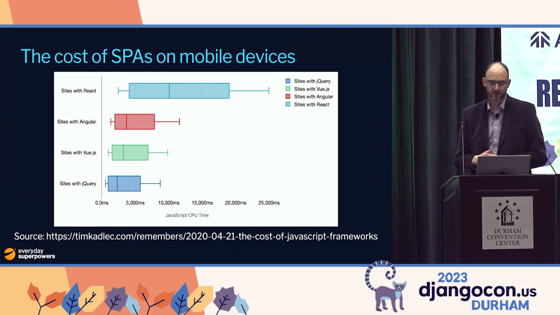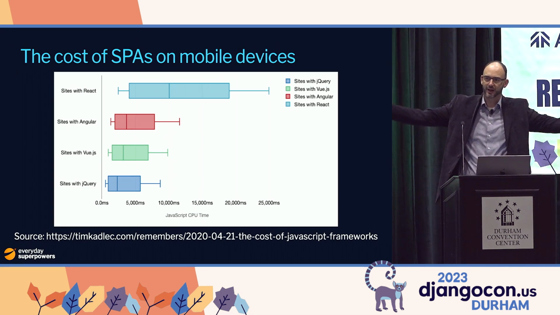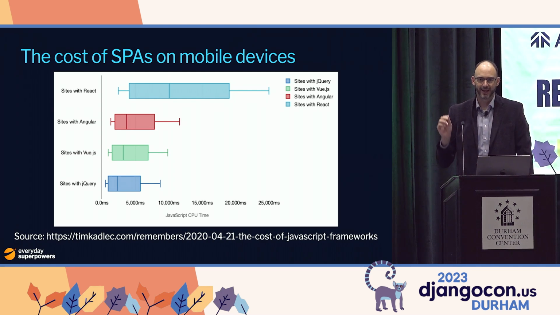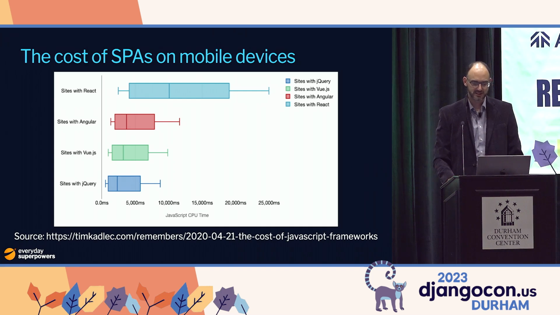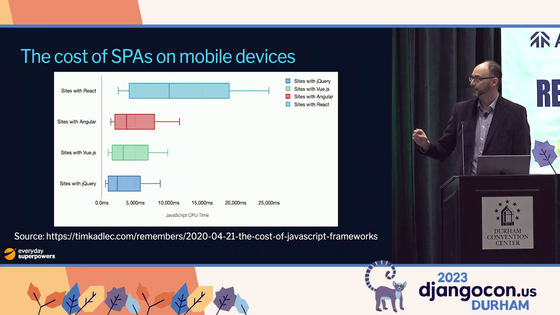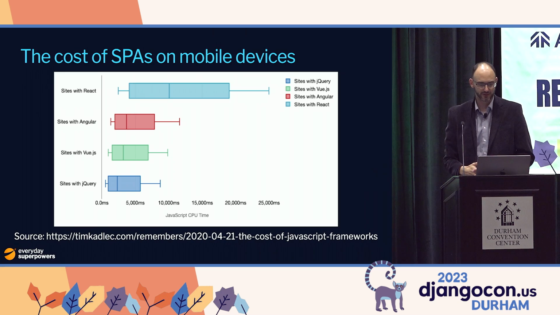Tim Kadlec researched the HTTP Archive, which is essentially a place where they're just trying to archive as much of the web as possible into a database and save some data along with it. And he found that half of all websites built with React take over 10 seconds to render on a mobile device. That's what that little bar in the center of that big blue box shows.